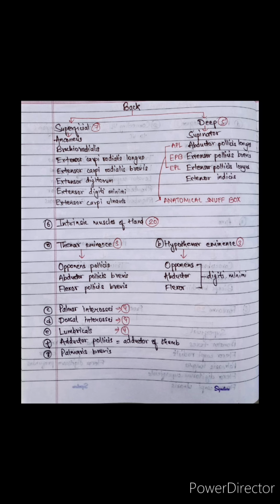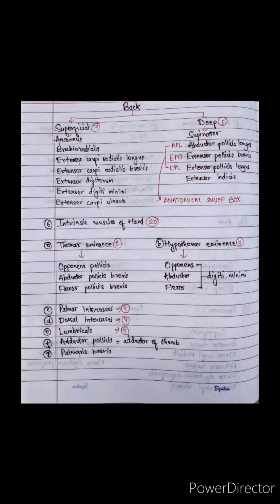Number 6. Intrinsic muscles of hand, which are 20 in number. The muscles are thenar eminence, which are 3 in number: opponens pollicis, abductor pollicis brevis, flexor pollicis brevis. Hypothenar eminence.